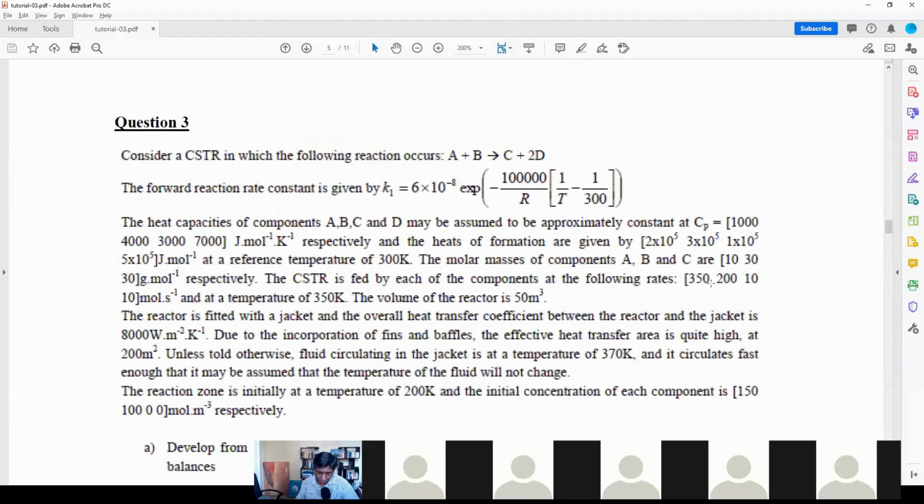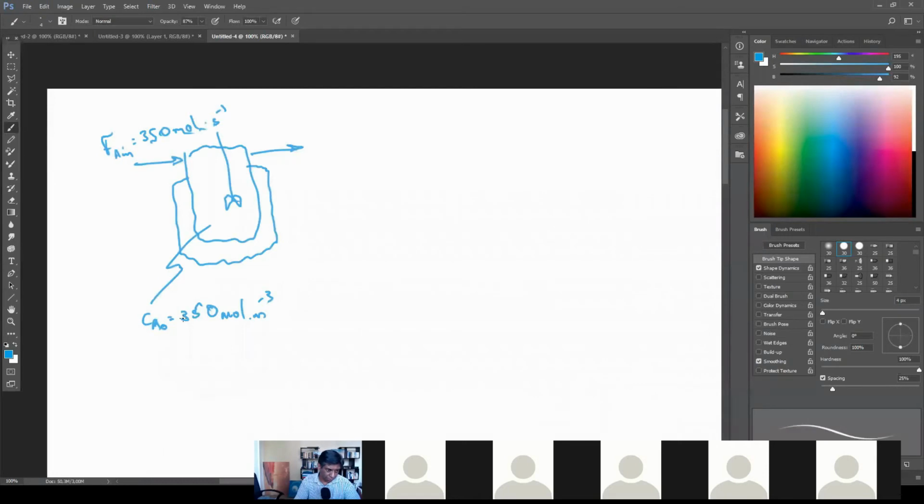Are those numbers the same? 150 here, so this one is 150. The concentration here is not the same as that initial amount. Your inlet concentration is generally quite different to your initial concentration. So just be clear about the difference between inlet and initial.